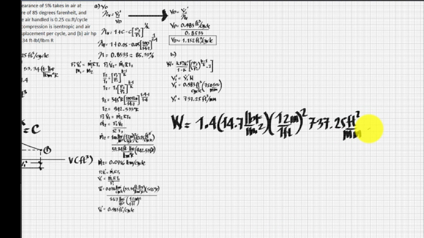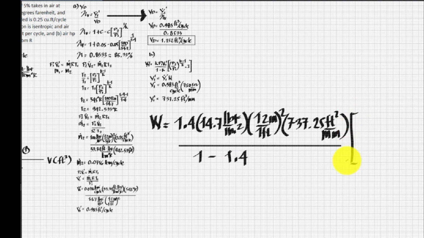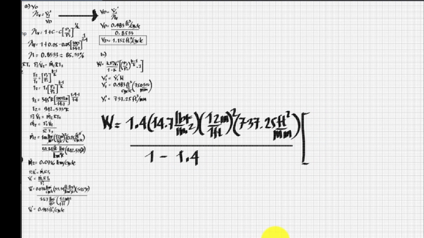Let's convert this later on. We keep the units per minute. Then this is all divided by 1 minus 1.4 for my air, multiplied with the ratio of pressure.